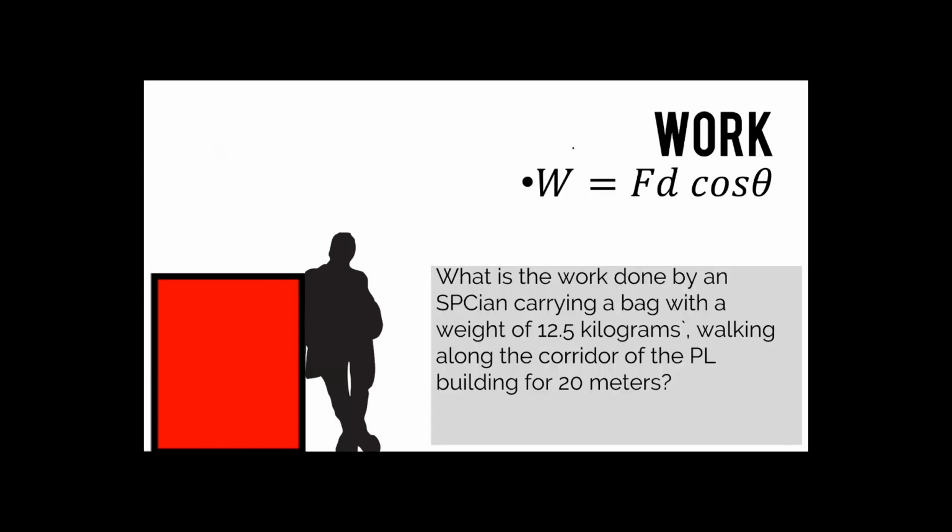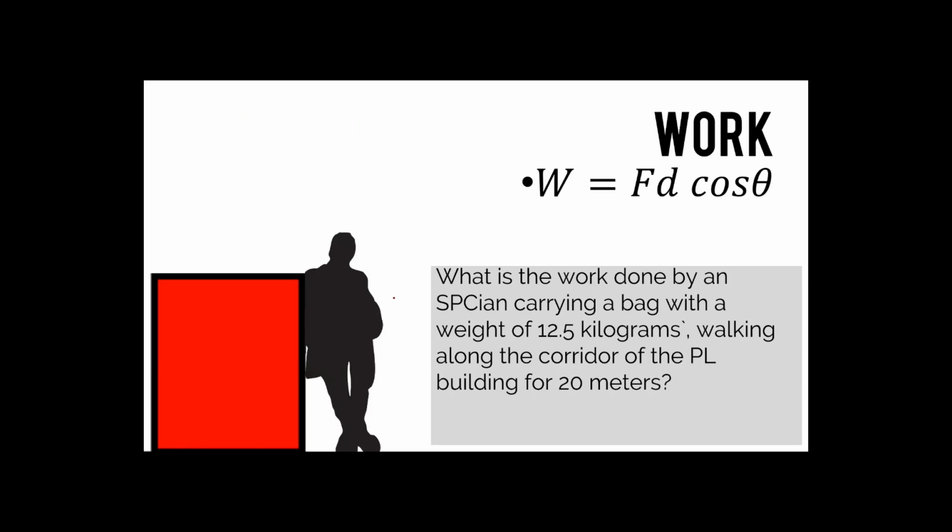Okay, so what is the work done by a specimen carrying a bag with a weight of 12.5 kilogram walking along the corridor of the PL building for 20 meters?